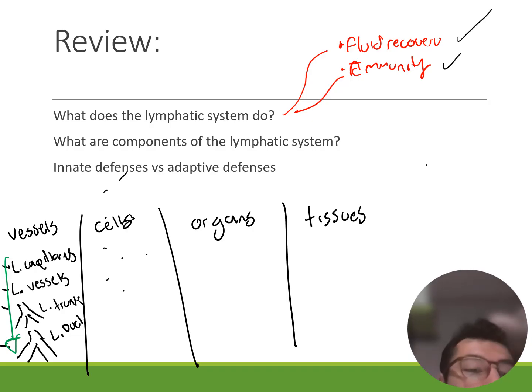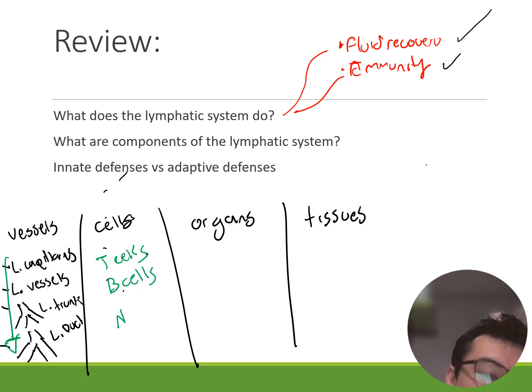There are a couple of cells inside those lymphatic vessels and collecting ducts, and those are T cells, B cells, and K cells.